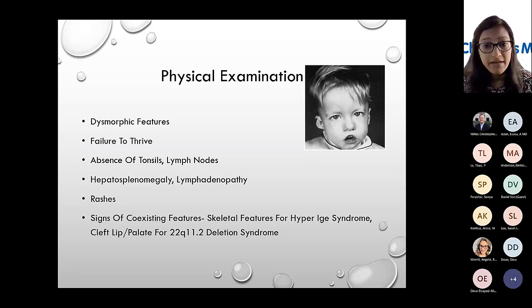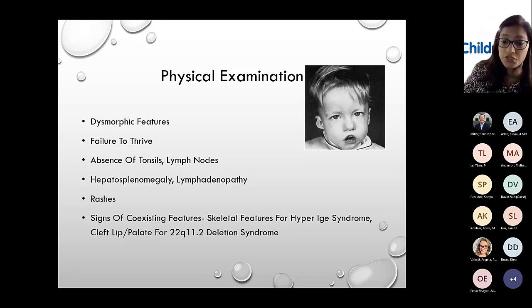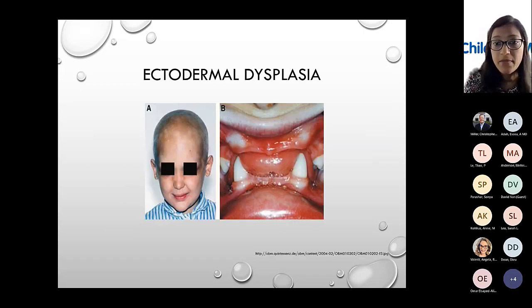Or cleft lip and palate can be part of 22q11.2 deletion syndrome. Again, absence of a sign is sometimes a sign. So absence of tonsils or lymph nodes can be a sign of X-linked agammaglobulinemia or SCID. So keep that in mind. In a patient of appropriate age, that might be significant.